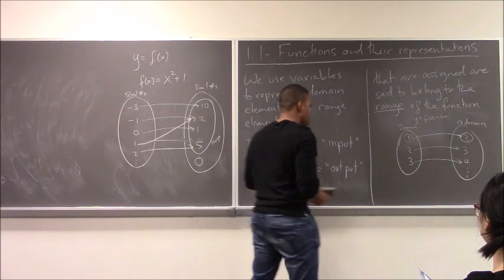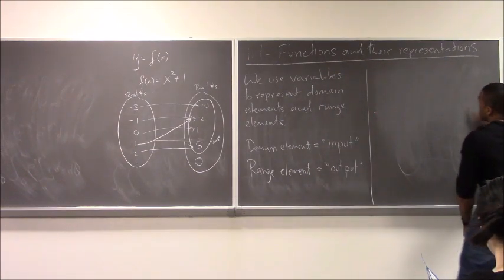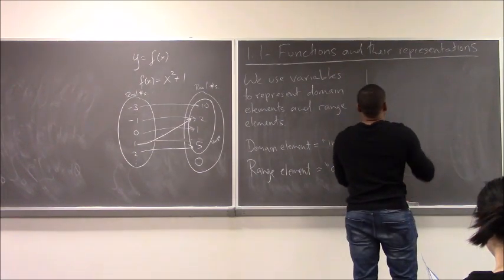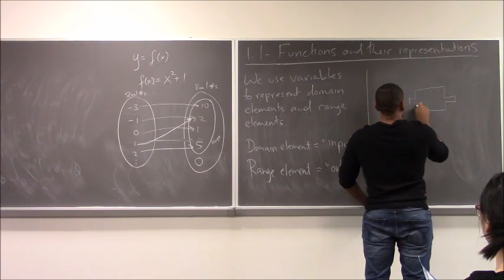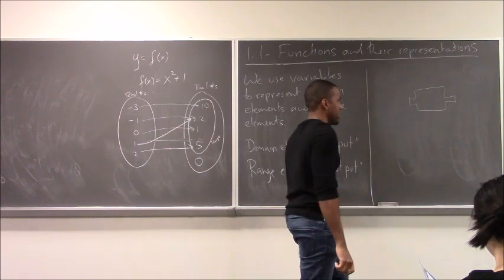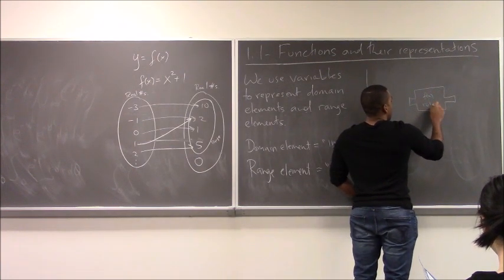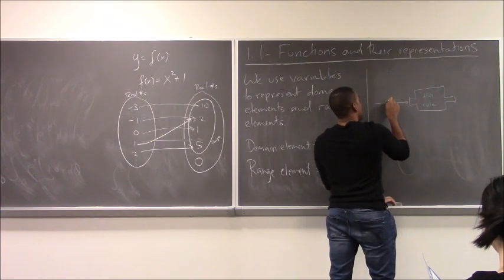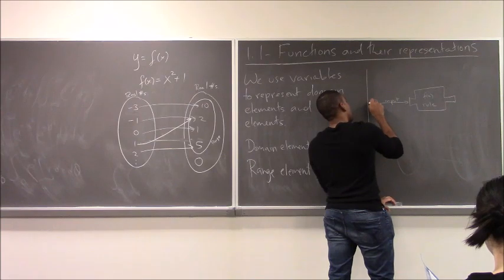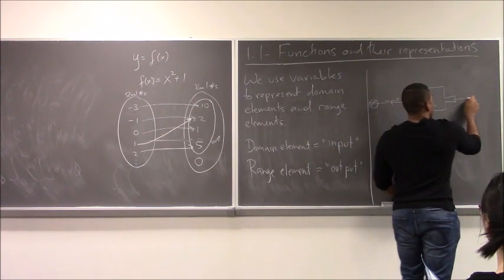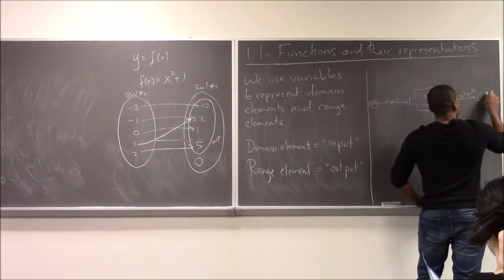So a function can be, every math textbook has a picture like this, where you have some function, or this is a rule, that takes some input value coming from the domain, and it assigns it an output value that goes into the range.